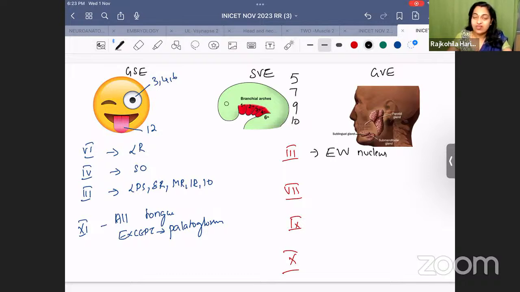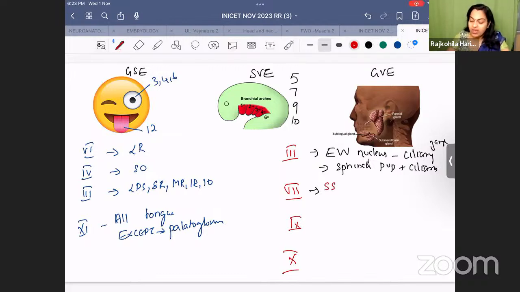Edinger-Westphal nucleus. What is the ganglion related? Ciliary ganglion. What are they going to do? The parasympathetic component is going to innervate the sphincter pupillae and one more muscle, the muscle of accommodation, ciliaris, isn't it? Right?